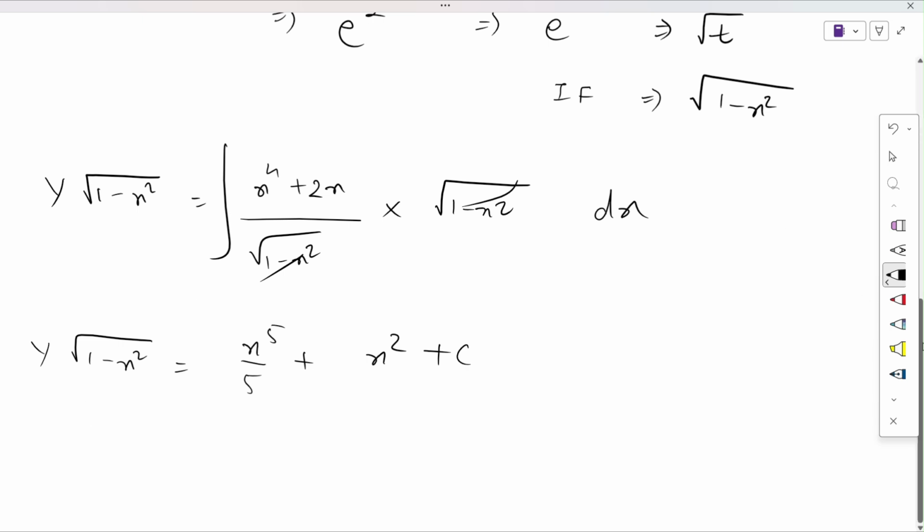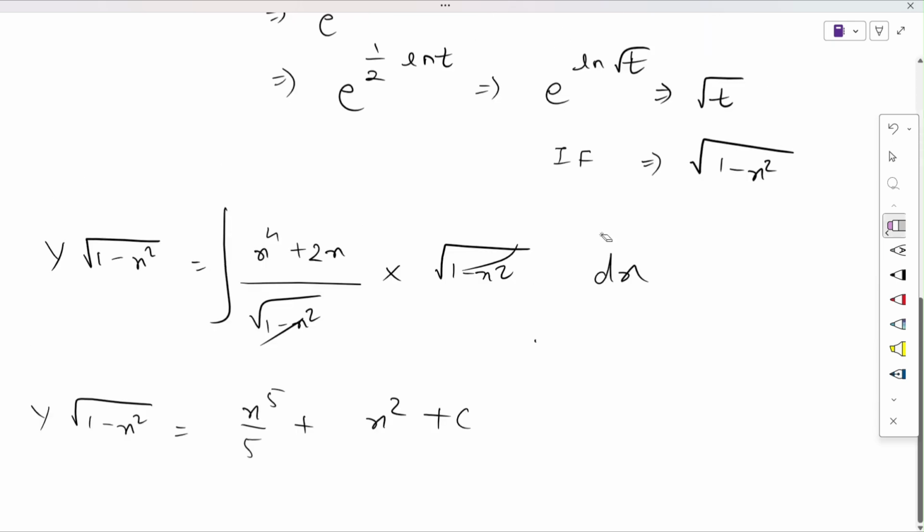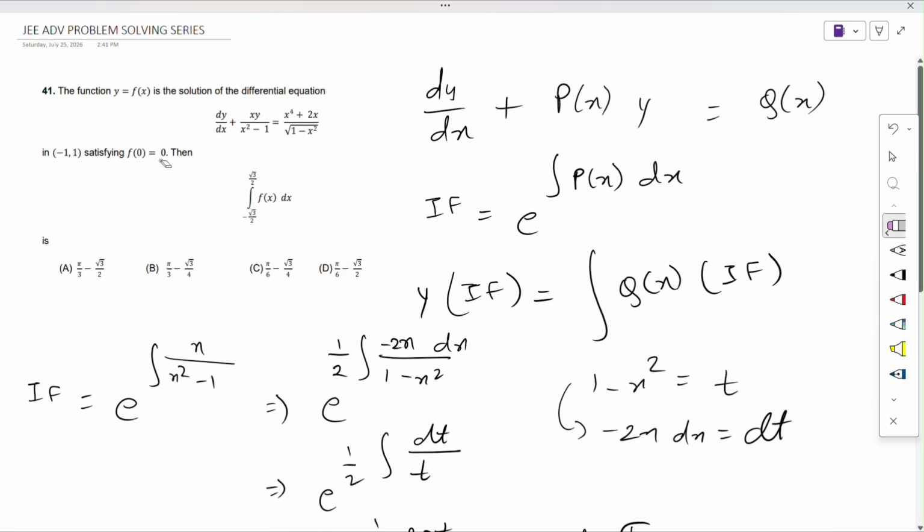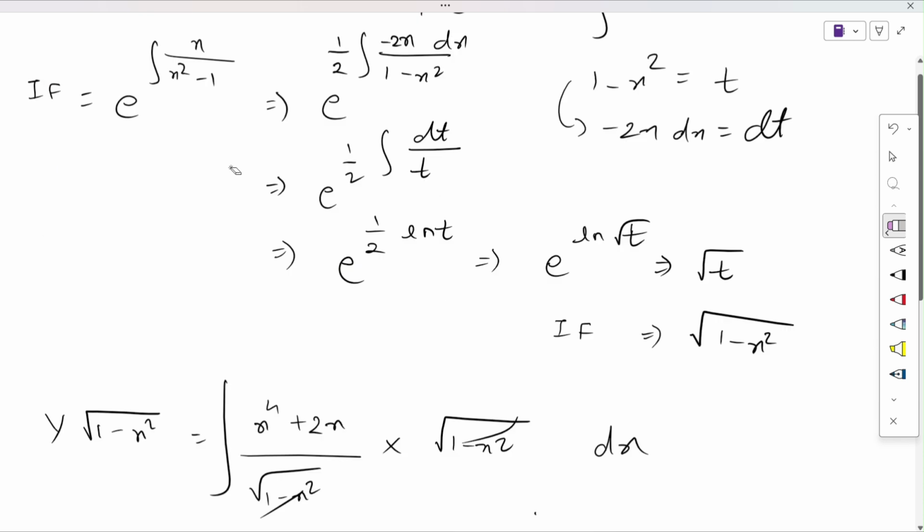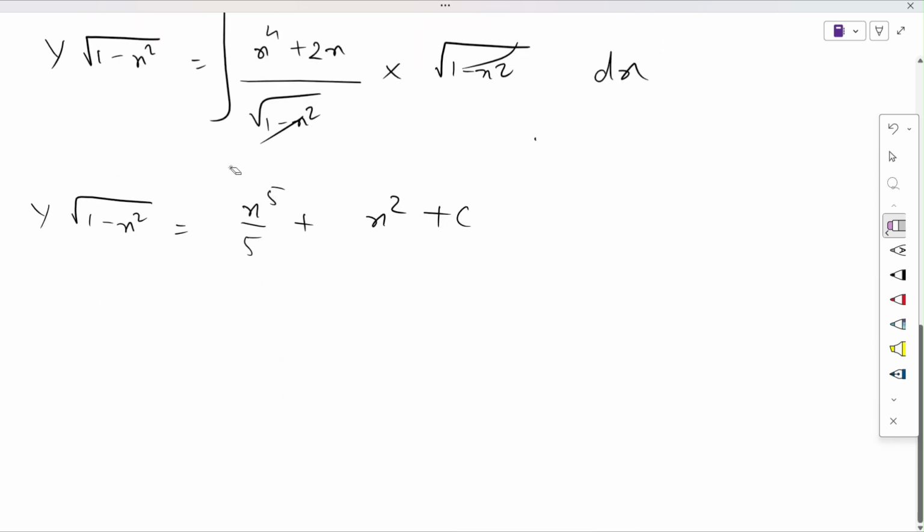Now the question said that this differential equation satisfies (0, 0), meaning f of 0 equal to 0. Since y is the function, we can directly put (0, 0) in it. So it will be 0 times root 1 minus 0 equal to 0 plus 0 plus c.